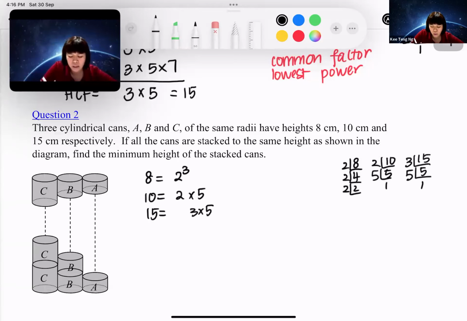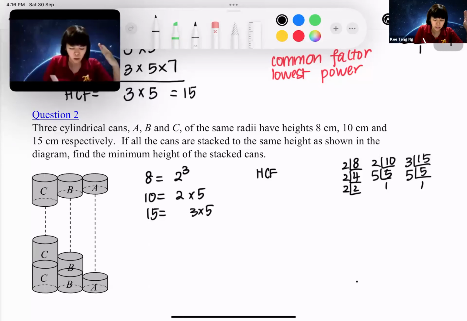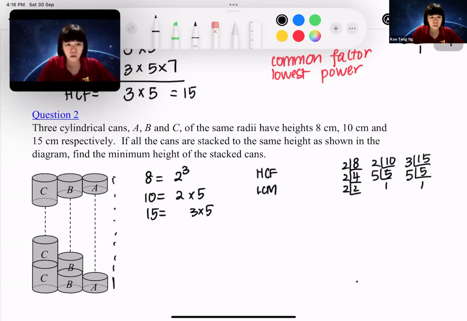Right? Then my question is they need to be stacked up higher and higher, right? If they stacked up higher and higher, is the total height of all the cans that are being stacked up going to be a large or small number? It'll be quite a big number, right? In fact, if one of them is 8 cm, you stack up, right? It'll be bigger than 8 already.